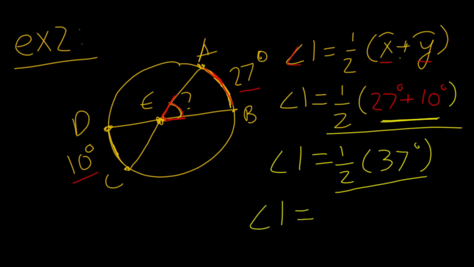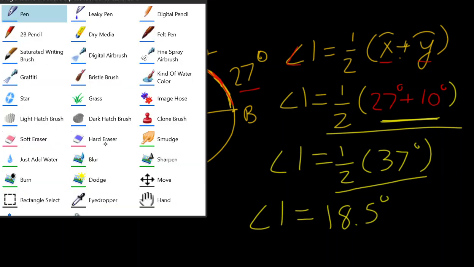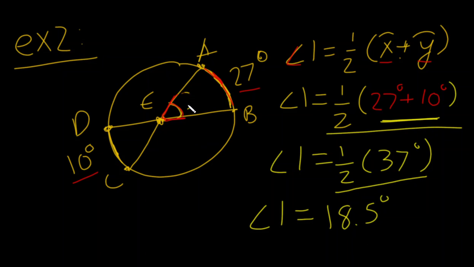What is 1/2 of 37? It appears that would be 18.5 degrees. And so right over here, where we have our question mark, we can use our hard eraser, erase that, because now we know that it is in fact 18.5 degrees. All right, try these examples and good luck.